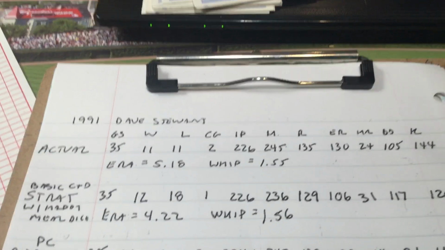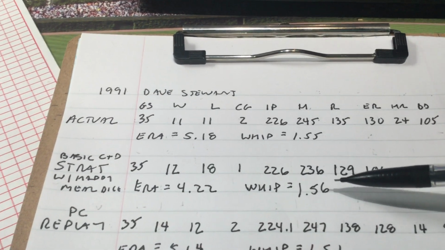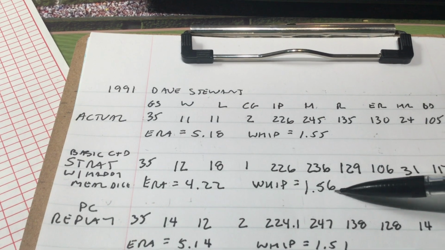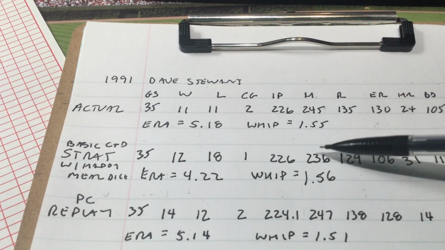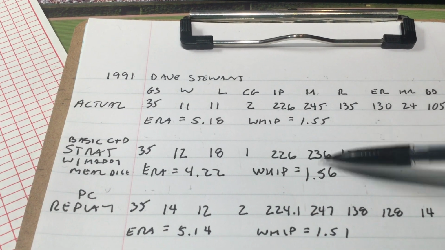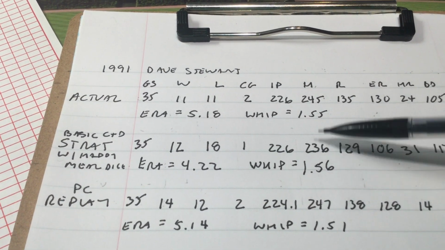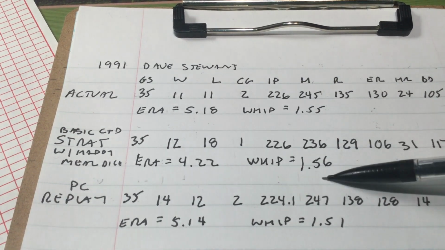Now, here's where the Happy Meals are going to redeem themselves. I am going to validate them as good enough dice just based on this replay, these 2 stats here. These hits came in really close. And this WHIP, which is walks plus hits divided by innings pitched, almost came in exact.